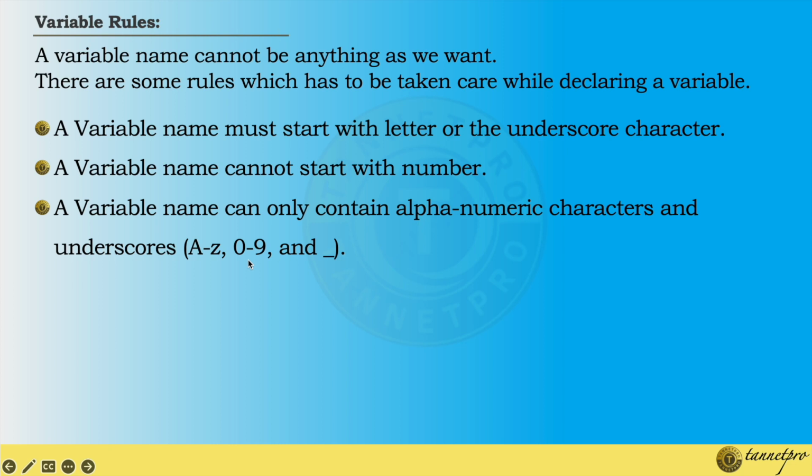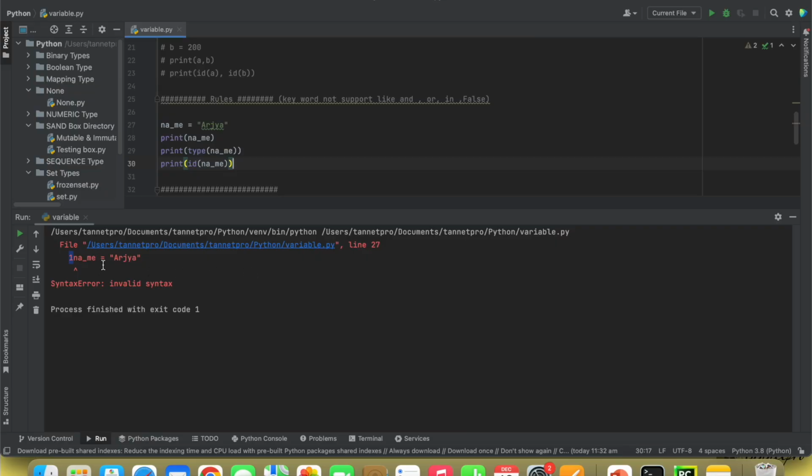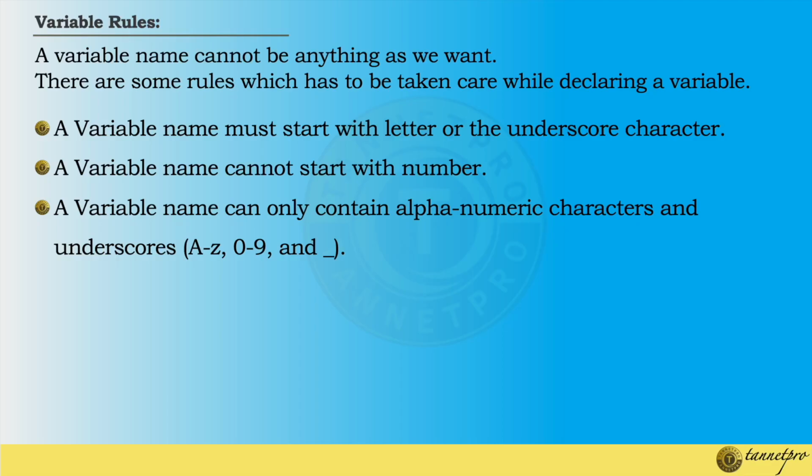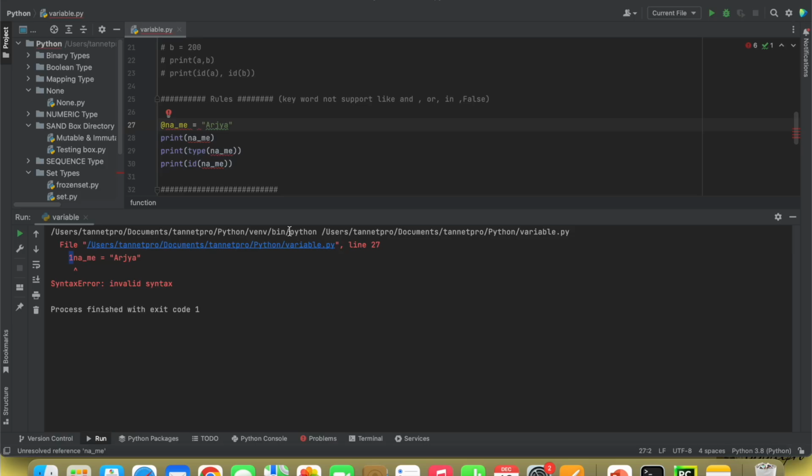Special signs, like the exclamation mark, at the rate, the hash sign. This is how I can test. So let me test over here. I'm putting at the rate, which does not come under this range. It's not A to Z, not 0 to 9, not underscore. Let me try with that.